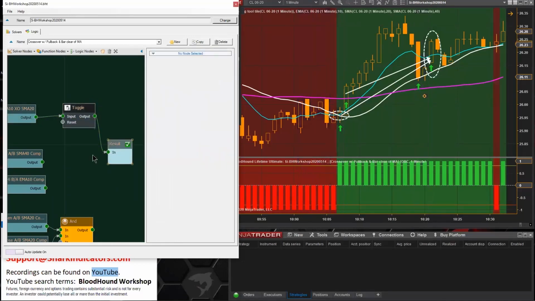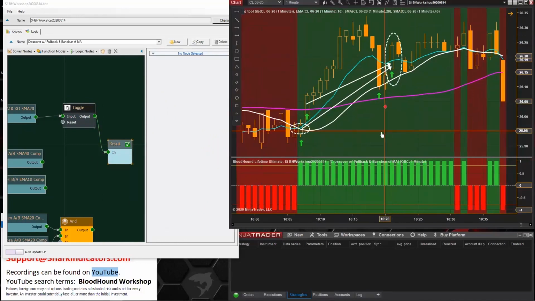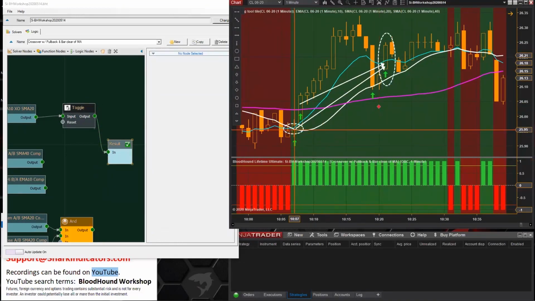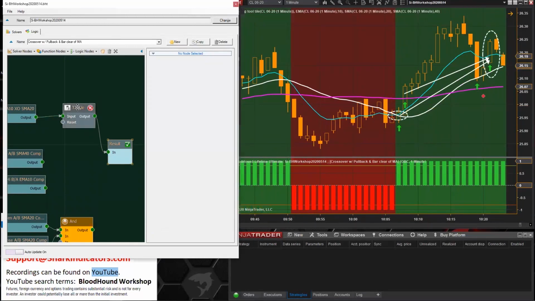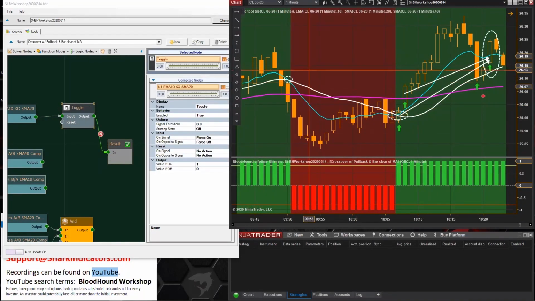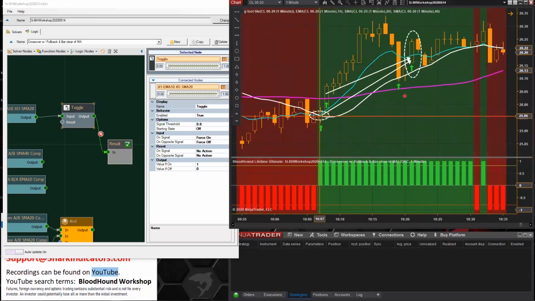What's going to happen at this point is, whenever the fast moving averages cross each other, we can see they're crossing each other, and the toggle node is holding on to that crossover signal. So it's taking that short cross down and holding on to it until we get to the next cross up, and holding on to the cross up until the next cross down, and so forth.